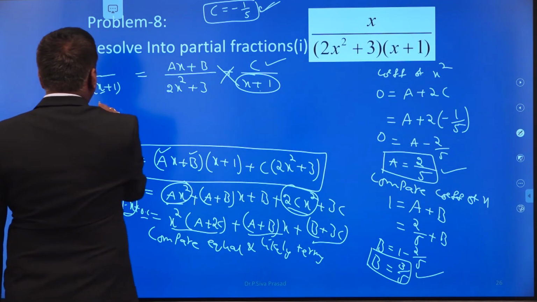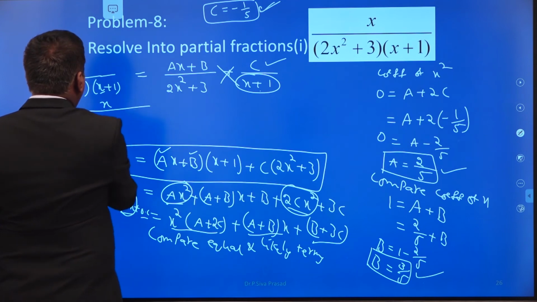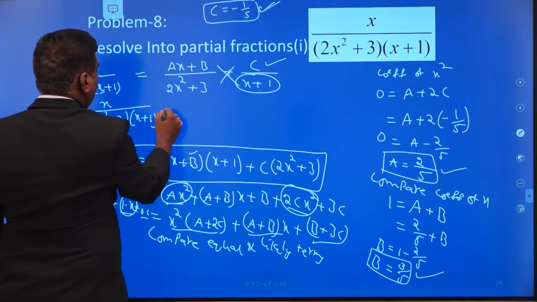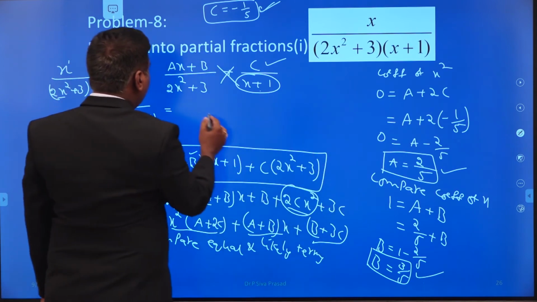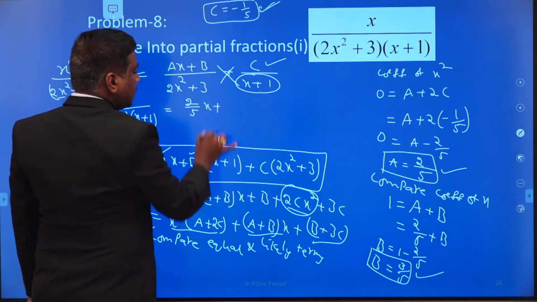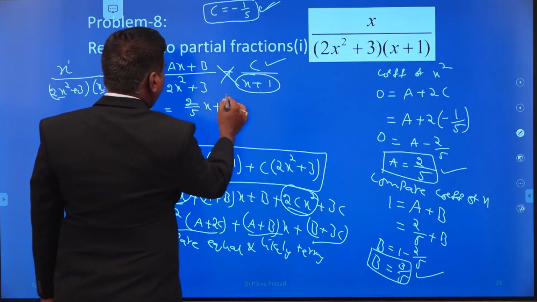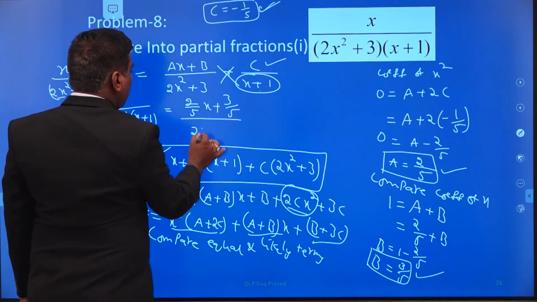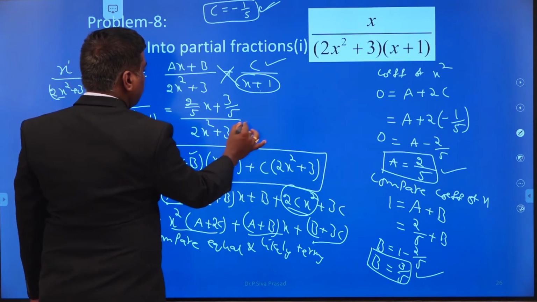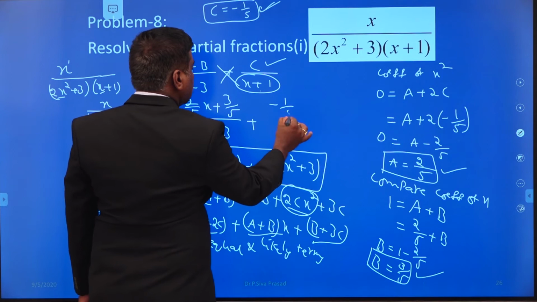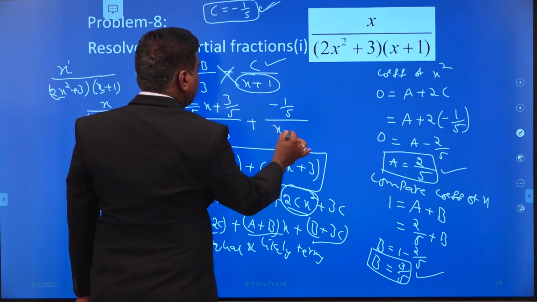That is x by 2x square plus 3 into x plus 1 is equal to, what is the A value? That is 2 by 5. 2 by 5 into x plus, and B value is 3 by 5. Just substitute in place of A, B and C, by 2x square plus 3, plus, what is the C value? Minus of 1 by 5. Minus of 1 by 5 by x plus 1.